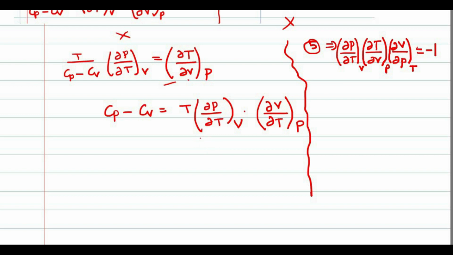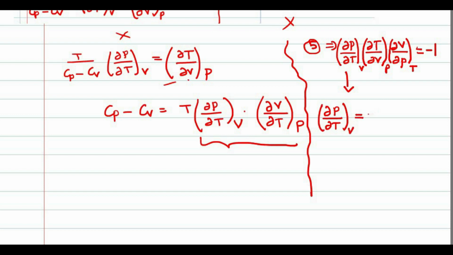But in our equation we are having dou P by dou T at constant volume and dou V by dou T at constant pressure. So what I am going to do is take dou P by dou T at constant volume.